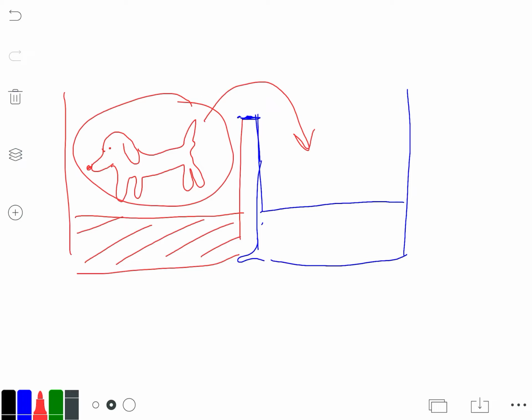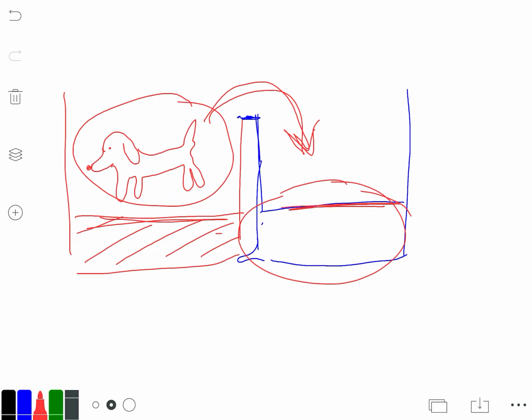Now, for the other dogs who have been in situations where they had the opportunity to go from one place to the next, if you put a dog in this situation with a place to escape initially, then the dog will learn that it can go to the other floor and escape the electric shock.